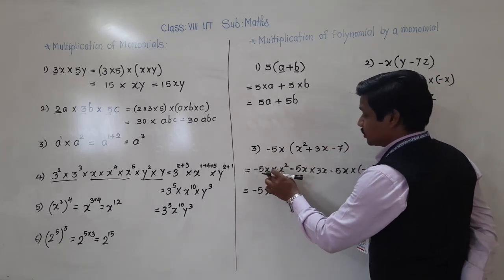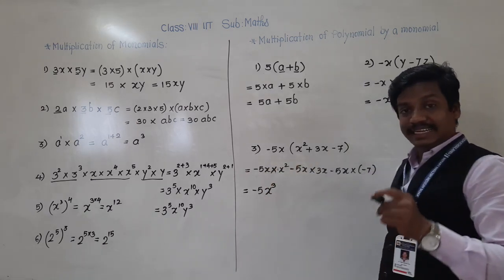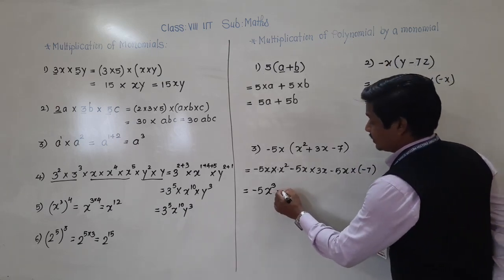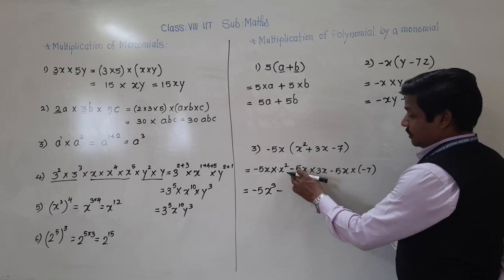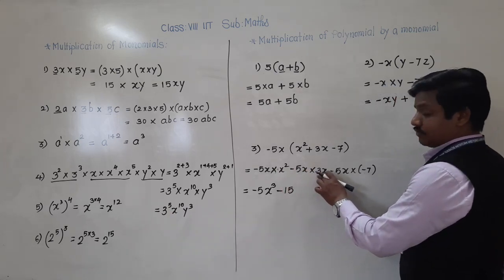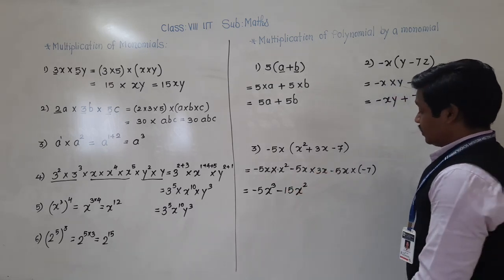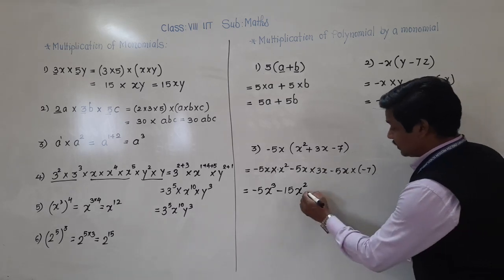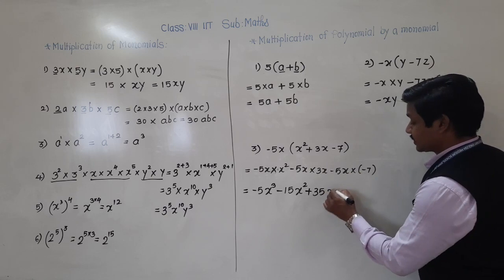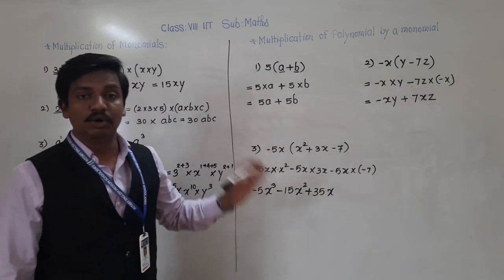So here the exponent is 1 and here 2. x into x square becomes x cube. Minus 5 threes are 15, so minus 15 x cube. Then minus 5 into minus 7 is plus 35, minus into minus is plus, and this x. In this way we have to multiply a polynomial by a monomial.